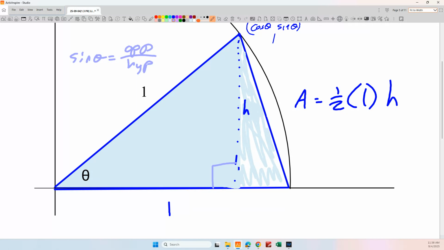Aha. So sine theta equals h over 1, so it just equals h. Aha. So that is the height of this triangle, right? So the area of this blue triangle is just 1/2 times 1 times sine theta, which is the same as sine theta over 2. Agreed? Pretty good with that?